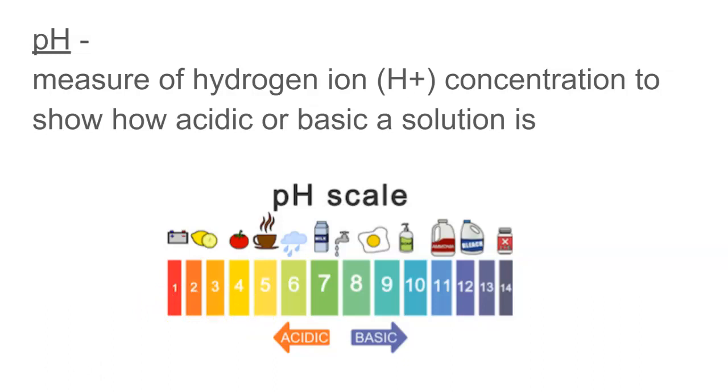And these are things like coffee, soda is very acidic, Coca-Cola, tomatoes, lemons, battery acid, very acidic. And then as we go to the right, anything above a 7 is basic. And these are things like bleach, ammonia, soap, etc. Okay, so 7 is neutral. Below a 7 is acidic. Above a 7 is basic.